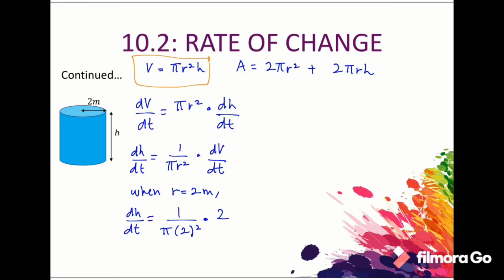So finally we get 1 over 2 pi meter per minute, or we can also say that 0.159 meter per minute. So that is dh/dt. That means for every minute, the level of h increases by 0.159 meter.